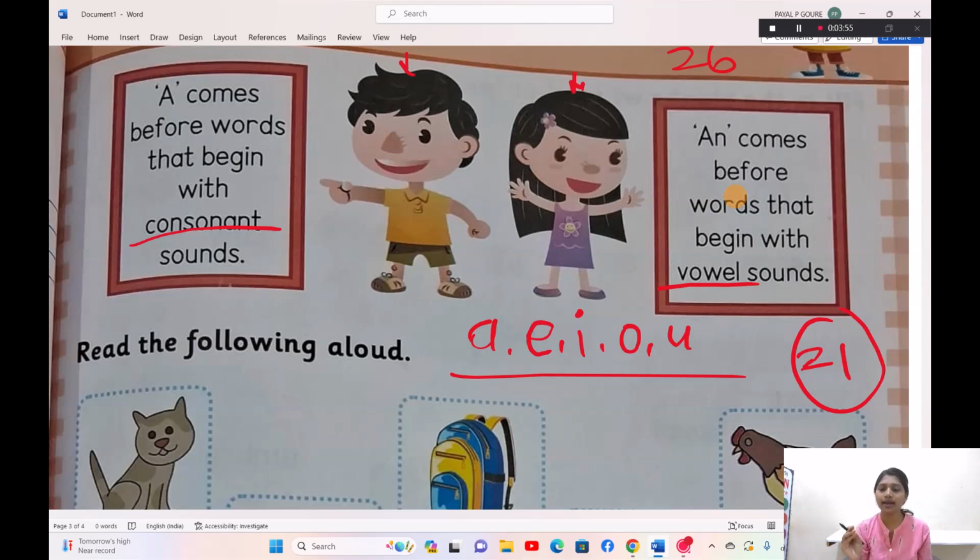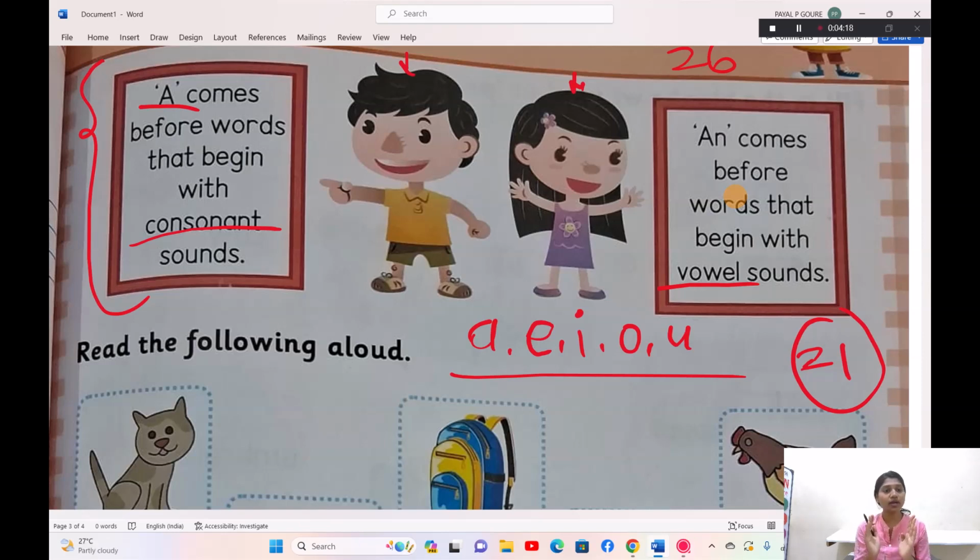So see, what is the first definition in this box? A comes before words that begin with a consonant sound.